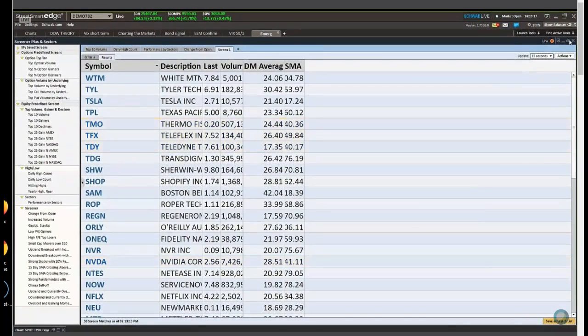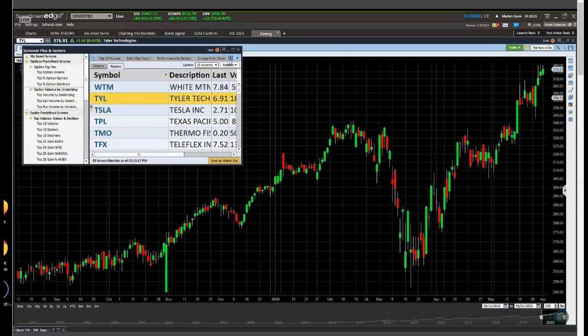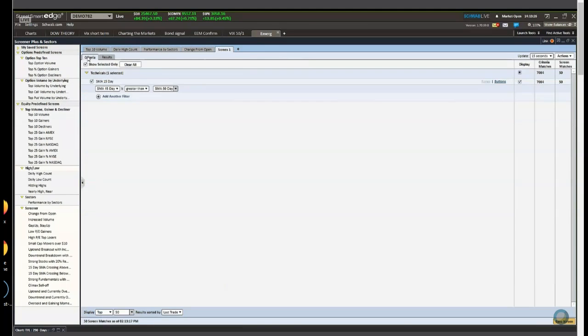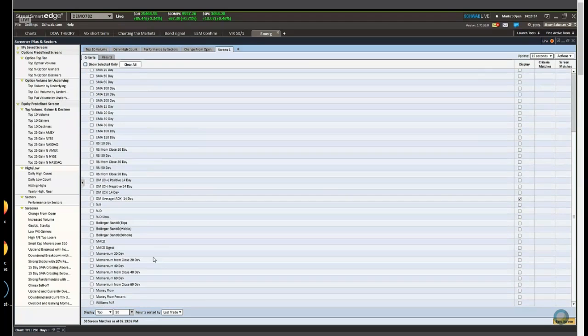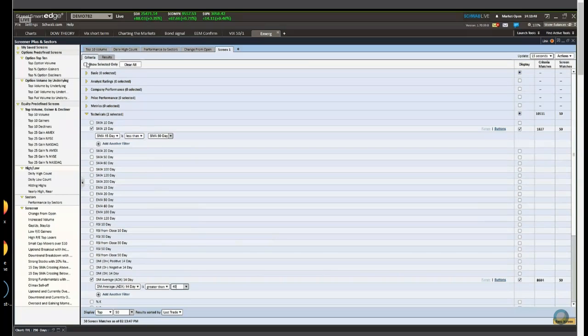All right, so now these will just be highly trending, uptrending stocks. If you wanted highly trending down trending stocks, you could just do it this way. Okay, so this is high ADX stocks, which are downtrending because the 15-day is less than the 50.